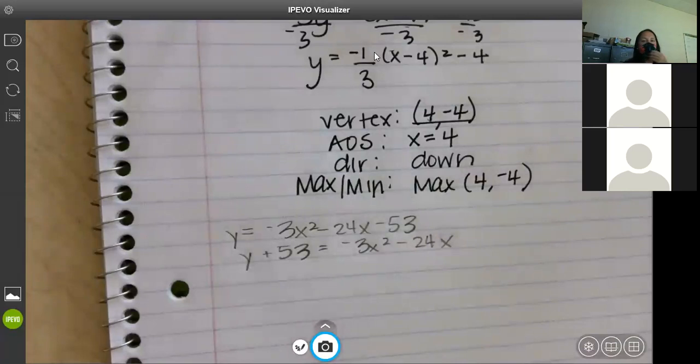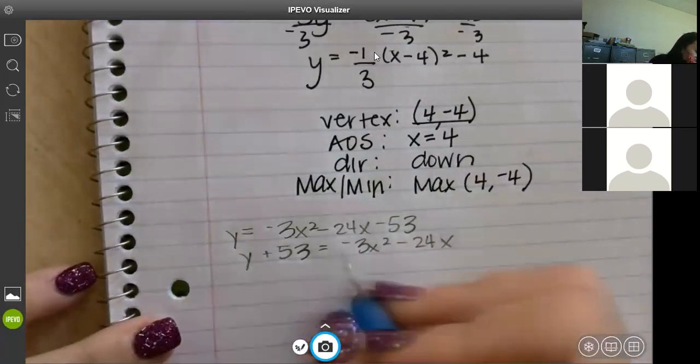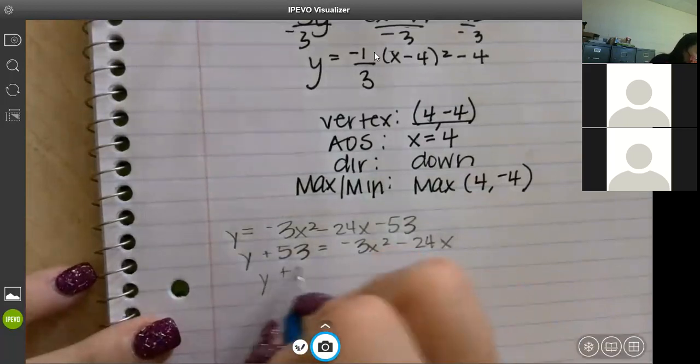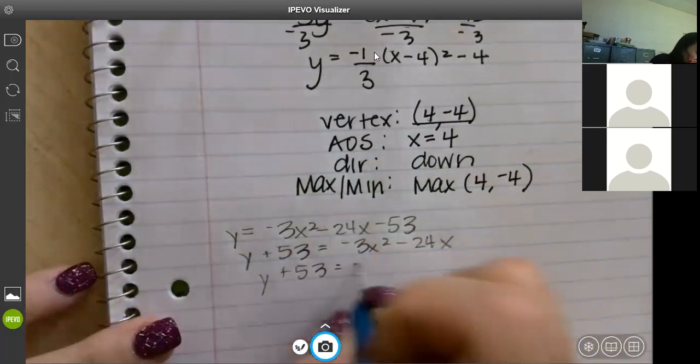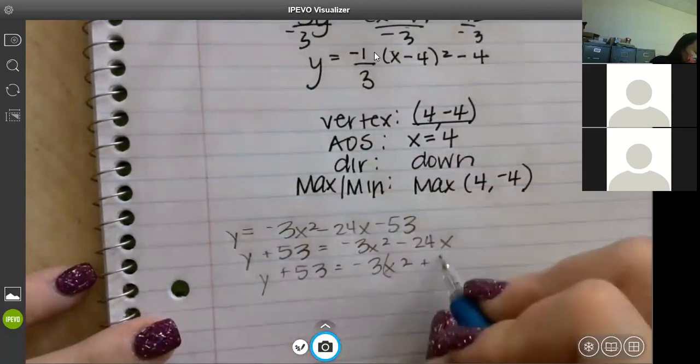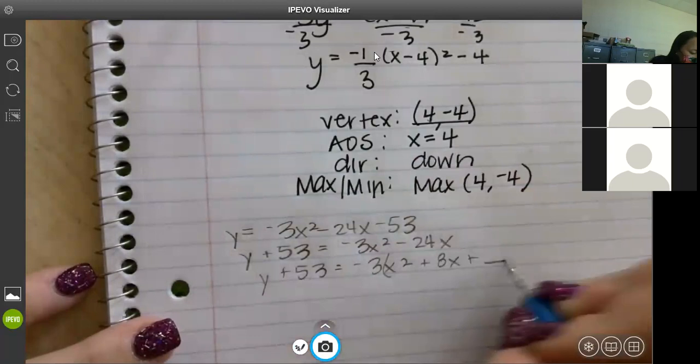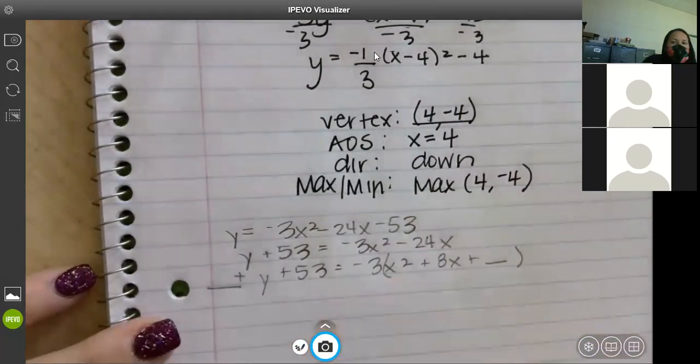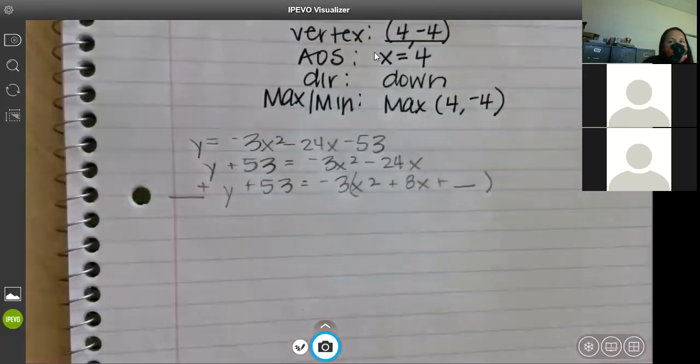Everybody good? What do I do now? Take out the negative 3. We have x squared plus 8x, and then we're going to put our blanks in. What goes in the blank?